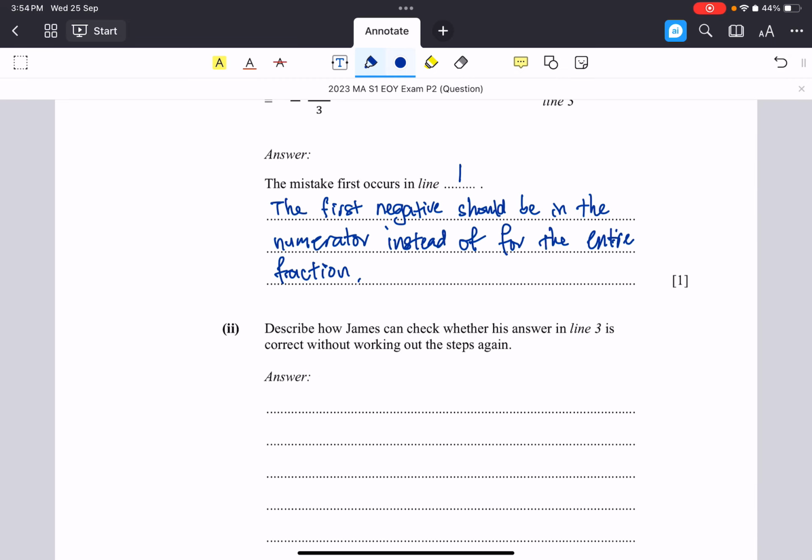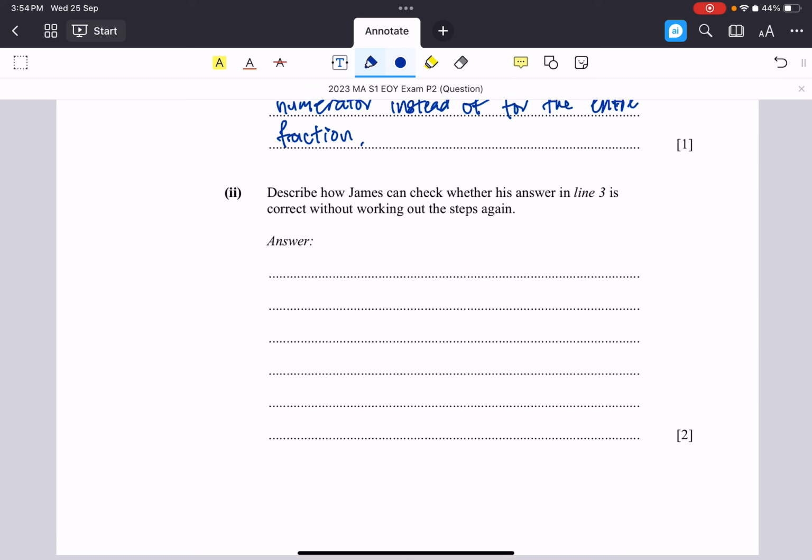After that, describe how James can check whether his answer in line 3 is correct without working out the steps again.